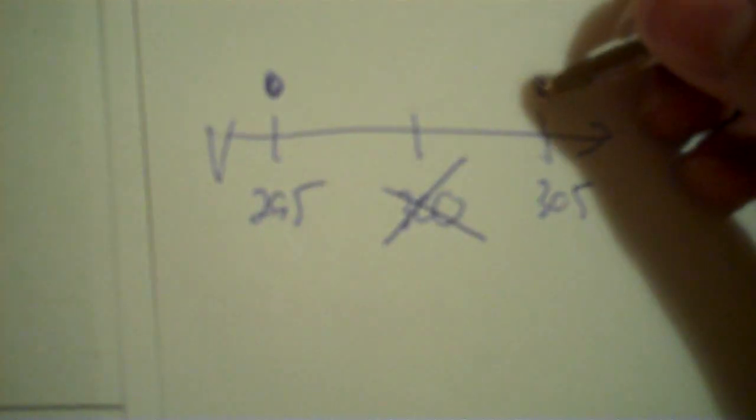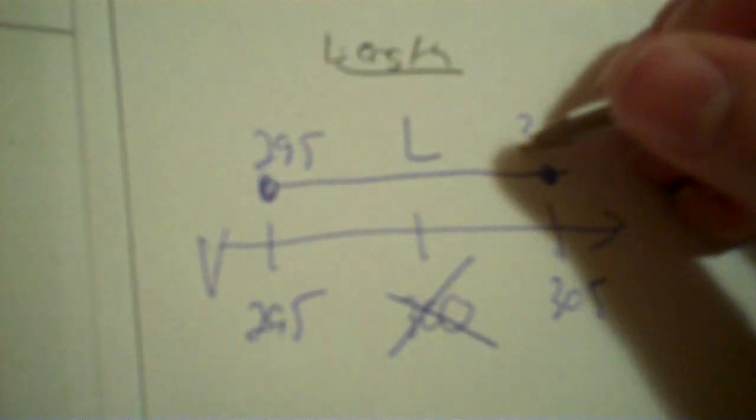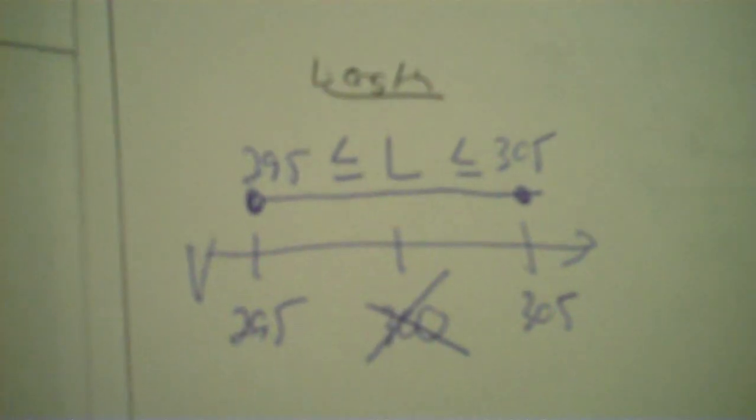Now you want to cross out 300. You've already used that, it's done. It's all about the minimum and the maximum. Then you put L for your variable, 295, 305. Then you eat the max and eat the letter. Now you have another one to do with your 450.